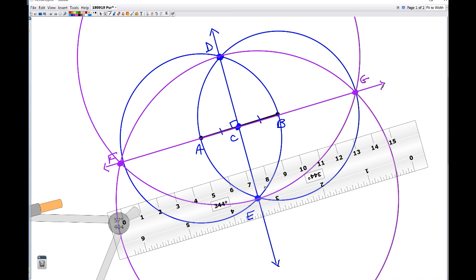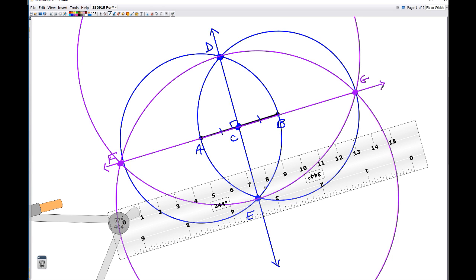All right, so now we can see that by creating those intersecting circles, here comes the test. See if you can follow what I say, because it's going to sound crazy. Not only did we find that line DE was the perpendicular bisector of segment AB, but at the same time FG became the perpendicular bisector of DE, and FG runs right through line segment AB.